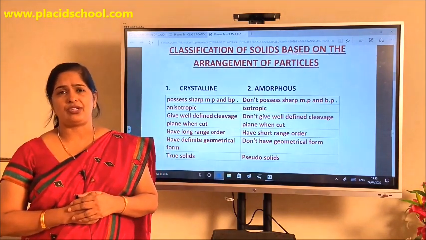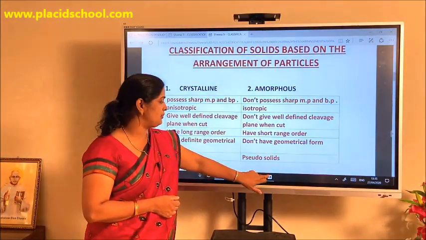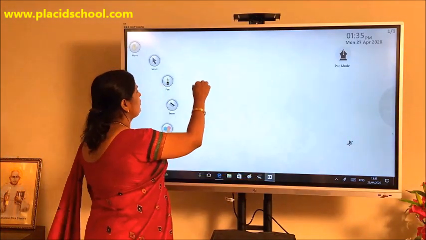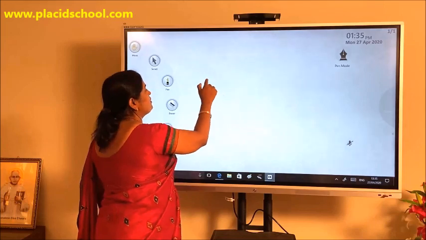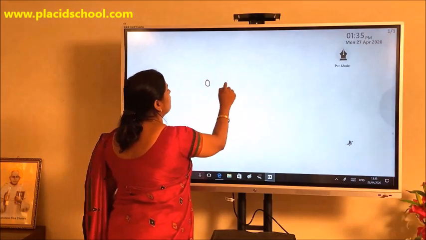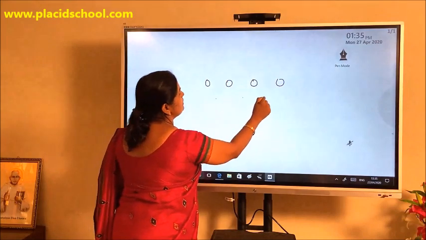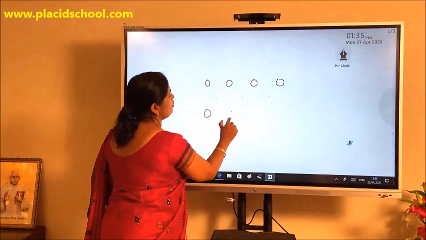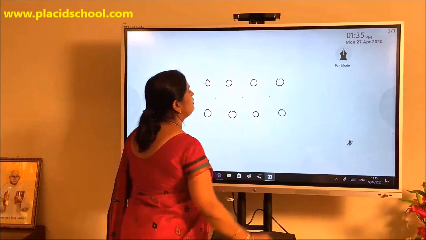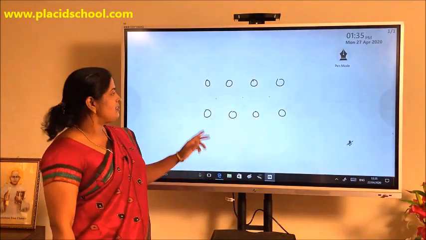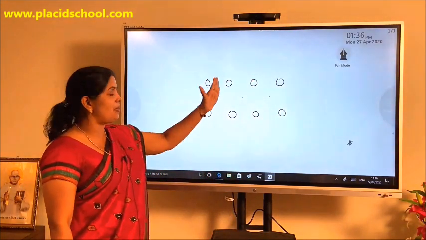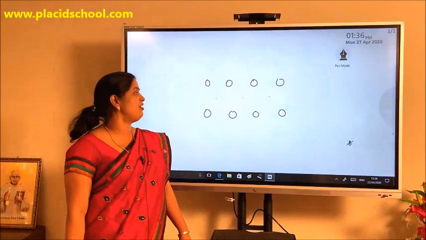The next difference is crystalline solids have a definite geometrical pattern, and amorphous solids do not have a definite geometrical pattern. For example, a crystalline solid I showed previously also to represent anisotropy and isotropy. I showed you the same pattern, and this is a crystalline solid because the particles are arranged in a very ordered fashion.